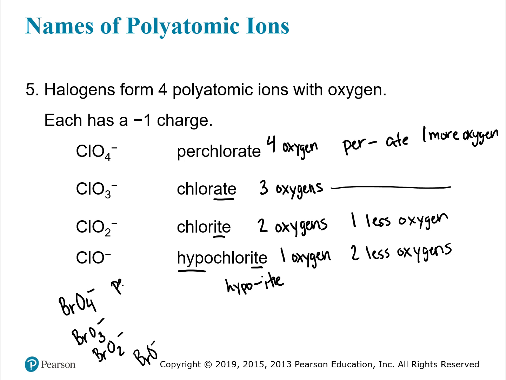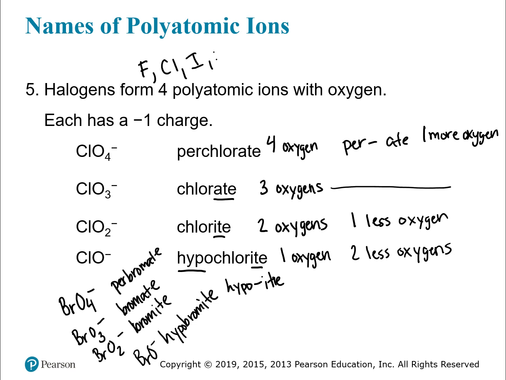And it would be the perbromate, bromate, bromite, and hypobromite. So just be aware, there's always going to be 4 different polyatomic ions associated with each of the halogens. And when we say halogens, we mean fluorine, chlorine, iodine, and bromine.